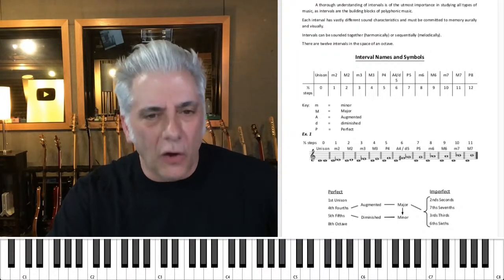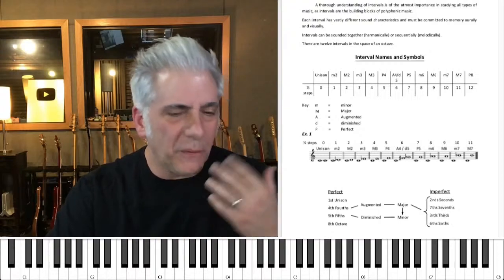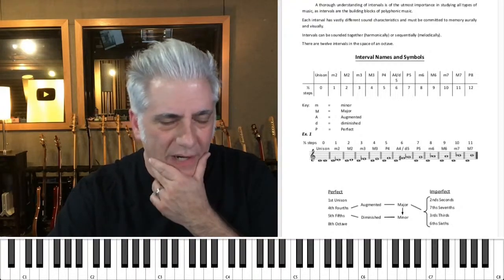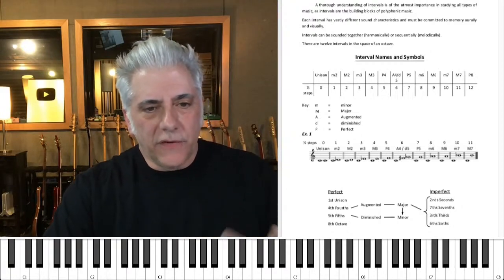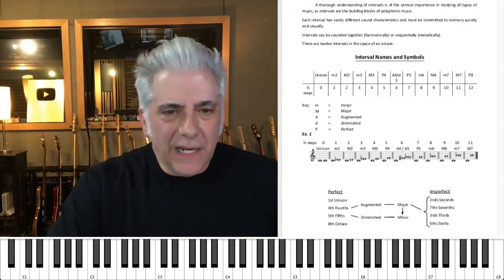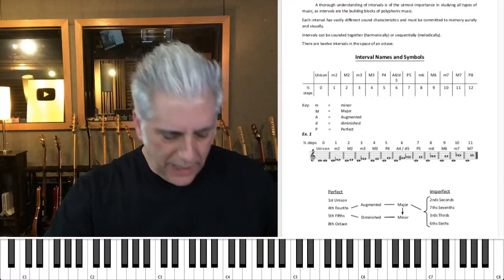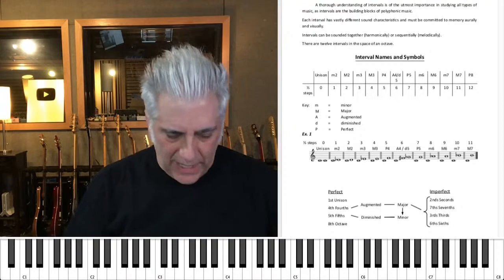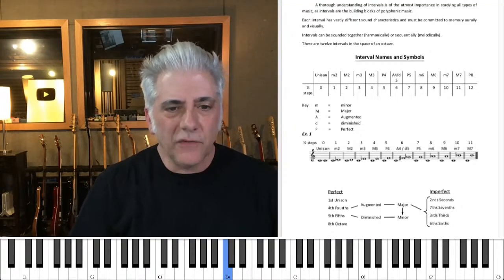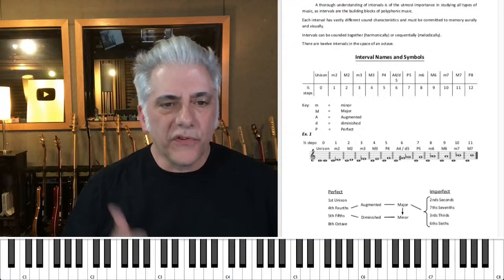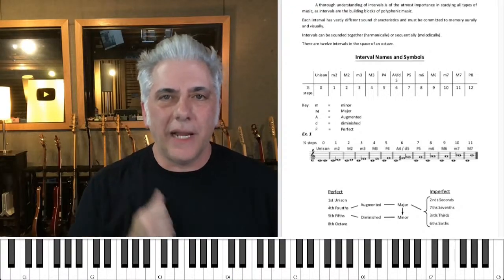Well, that doesn't always work, all right? There are theoretical intervals like augmented intervals, diminished intervals. We'll talk about that in a second. But let me talk about this idea of the number of letter names spanned first, okay? If we take a C major scale, let me just take the first 2 notes of it, C to D. Well, C and D are 2 letter names spanned.